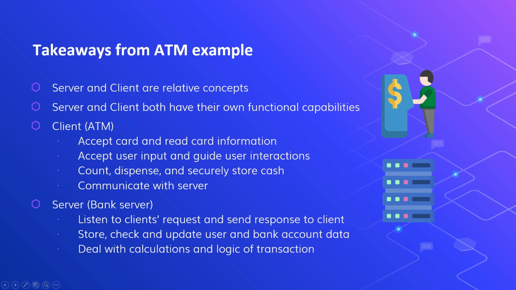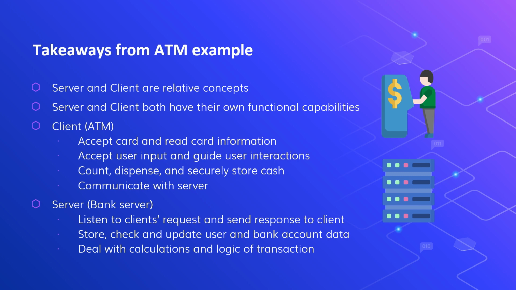ATM and bank server, as this pair of client and server, both have their own functionalities to work together to make sure the cash withdrawal works fine. The ATM as a client is able to accept cash and read the card information, accept user input, guide the user interactions, count, dispense, and securely store the cash, and communicate with the server.